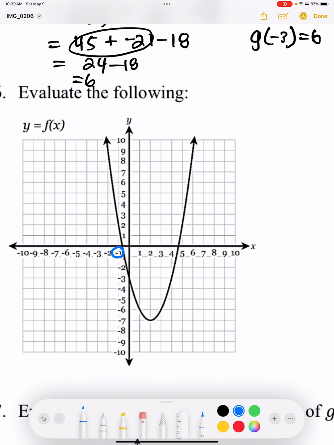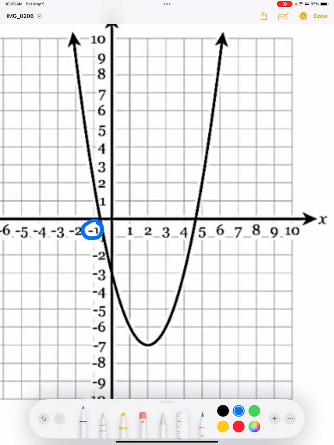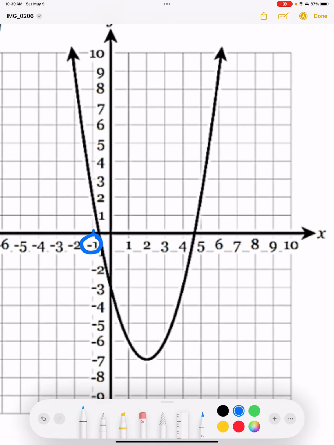-1 is right here. And what you're doing is you can only move up or down to get to the graph. So here the graph is above it, and it should hit the corner of the grid. So the answer is 2. It is not 1 because it's not touching it right there. It hasn't hit yet. It would be right there at 2.